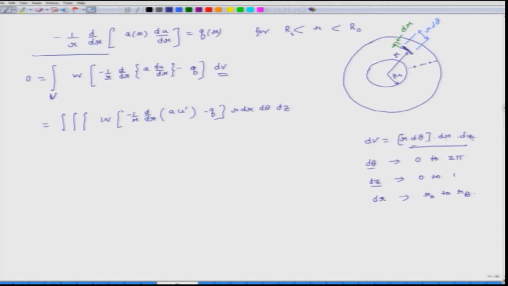So, my limits are r a to r b, 0 to 2 pi and 0 to 1. Okay. I have this extra r term because of this geometry.